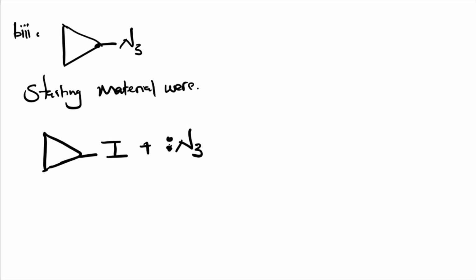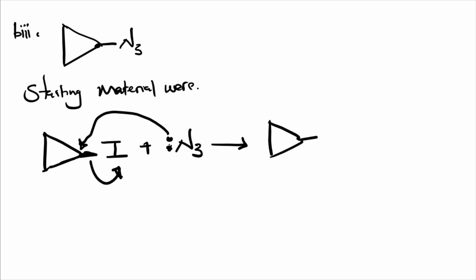So this one served as a nucleophile, came and attacked here, and this guy left. So what you had at the end was this, which is this one here in solution, okay, plus this guy that left.